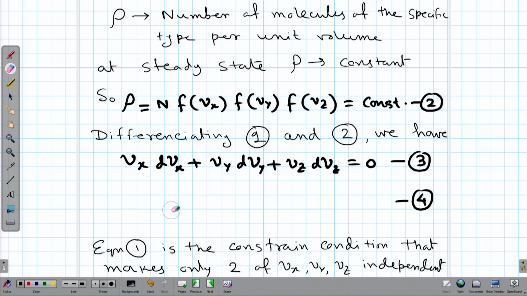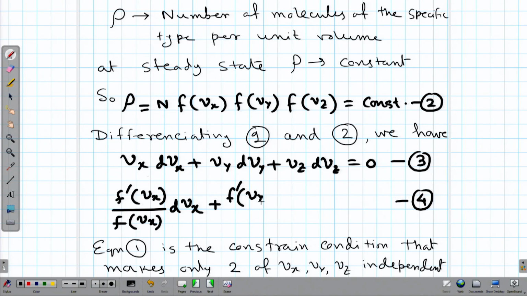Right. So, let us do it quickly. f prime(Vx) f(Vx) dVx plus f prime(Vy) f(Vy) dVy plus f prime(Vz) f(Vz) dVz.